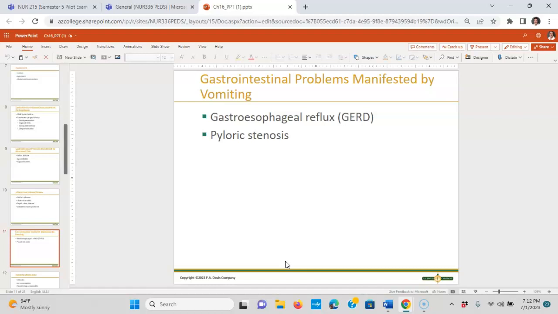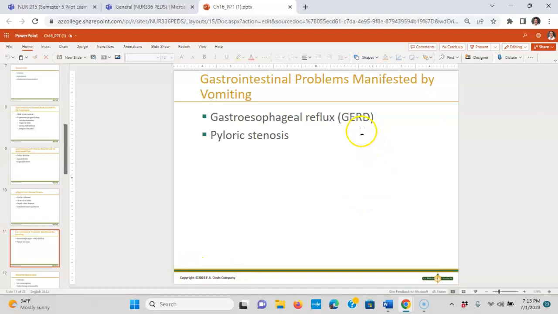Regurgitation, usually what we talk about is how much food did they throw up? And it's usually breast milk early in life. So all babies spit up, some more so than others, but approximately 50% of 4-month-olds are going to regurgitate. So some kids are going to show up.